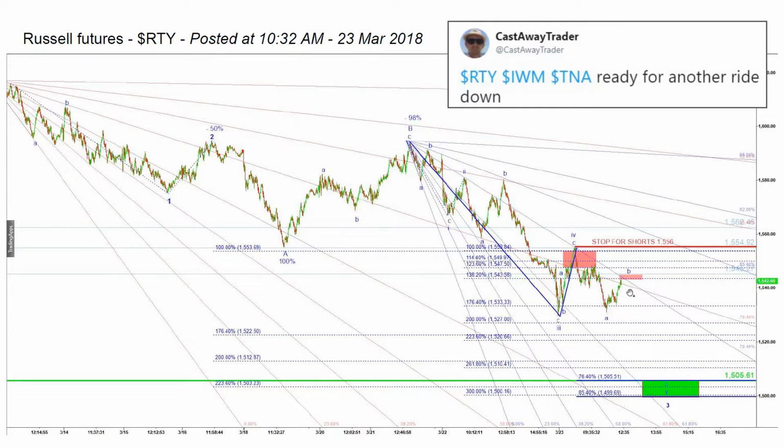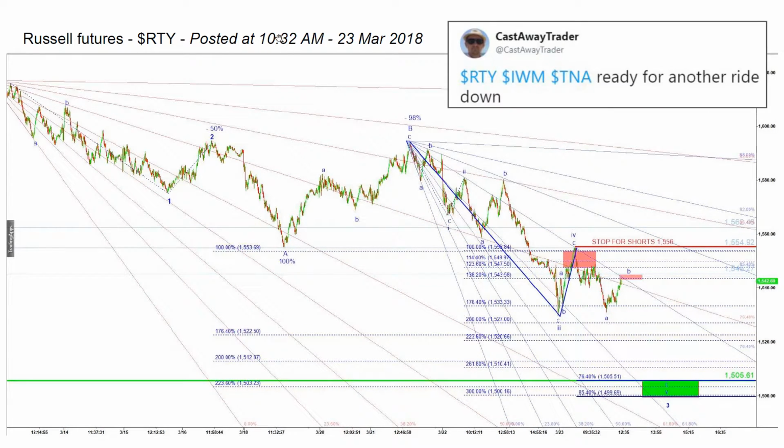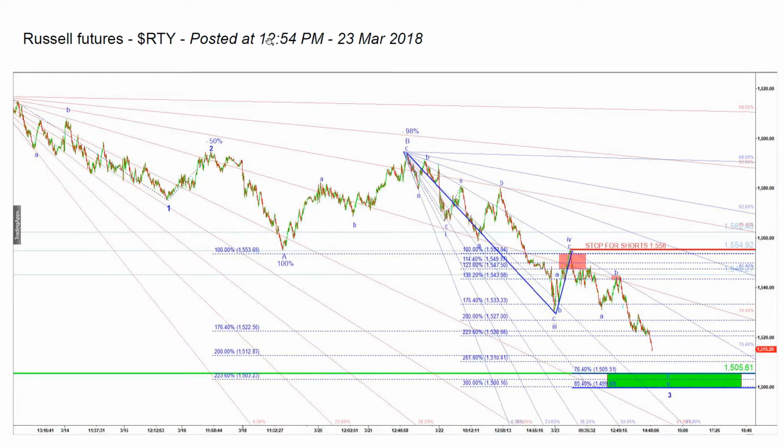1 hour later, price got even higher and it approached my target box for corrective wave B up, and boom, look at that, just 2 hours later. So the chart was posted at 10:30. At 12:50 we got a really nice impulsive looking decline, and this is exactly how wave C of 5 should look like.